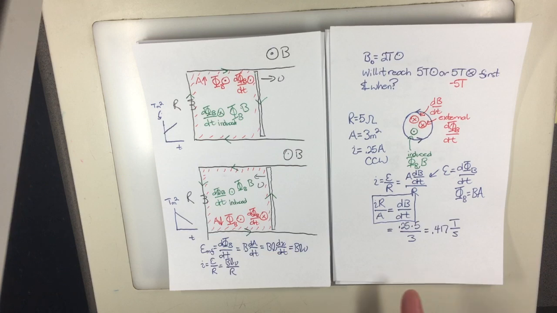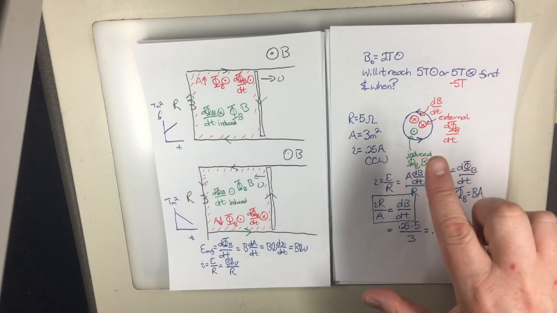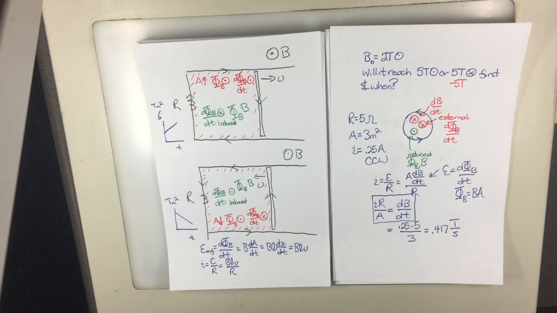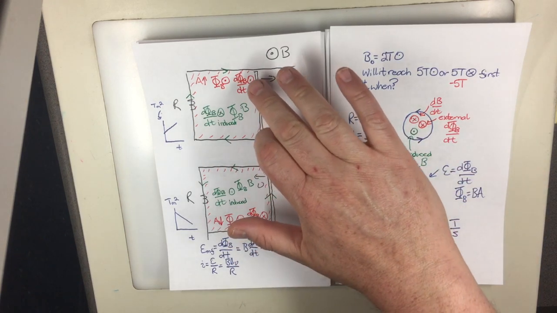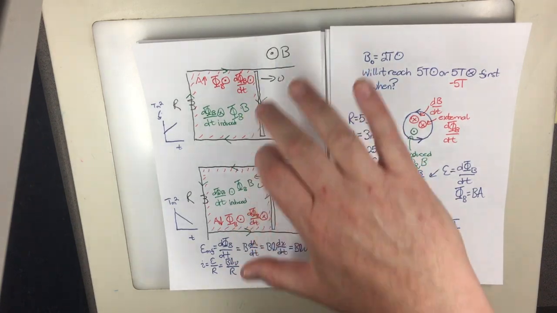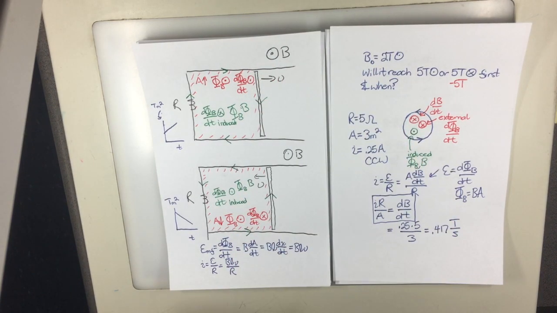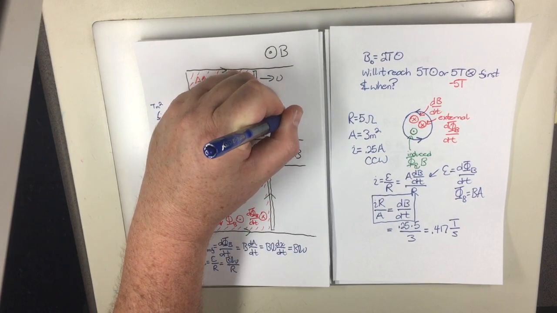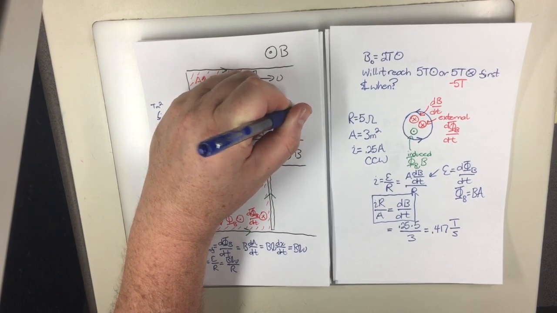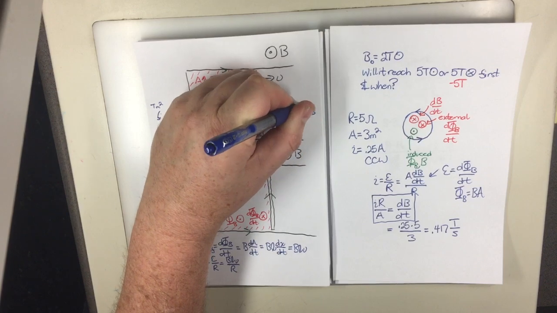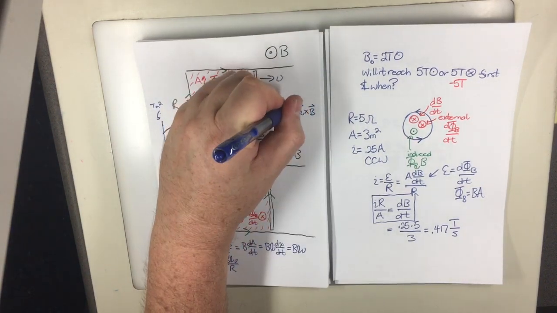Now, the thing that's different about this is, with a circle in a B field and the current going through the circle, it's a current in a magnetic field, so there should be forces, but they cancel because they're going in all different directions. For this, the only part that moves is the bar. So the force due to magnetic field is I cross B. I'm only interested in the directions with this.